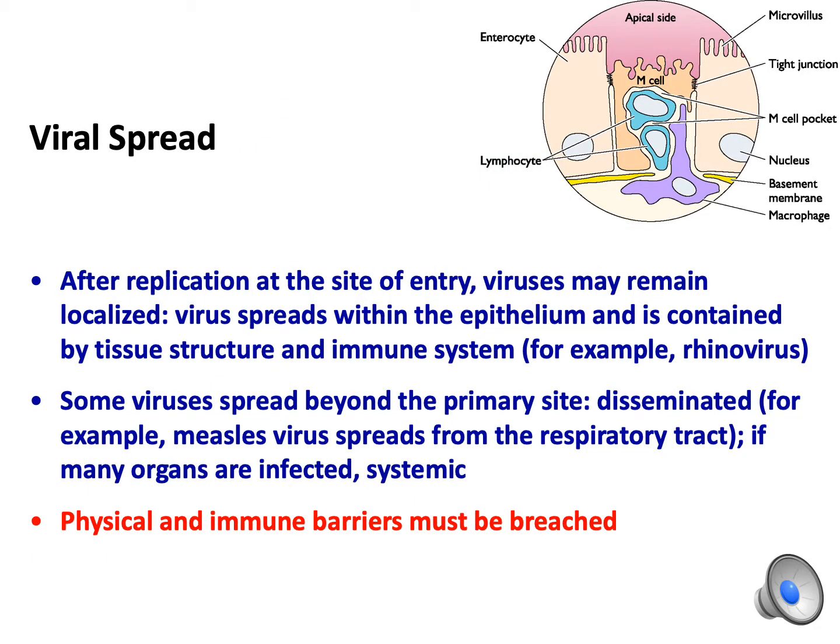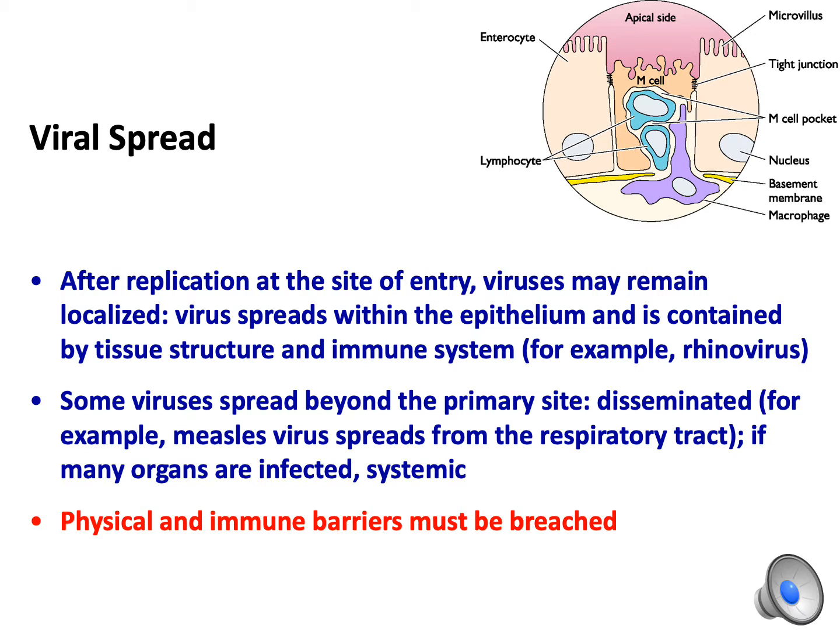So let's talk a little bit now about viral spread. After replication at the site of entry, viruses can either remain localized and be contained within the tissue that they infect, or they may spread beyond the primary site. And in that case, we talk about viruses disseminating. And so, for example, measles virus replicates, the primary site of replication is in the respiratory tract, but then the virus disseminates, and what you see ultimately in the skin lesions, the rash, is the product of a systemic infection.